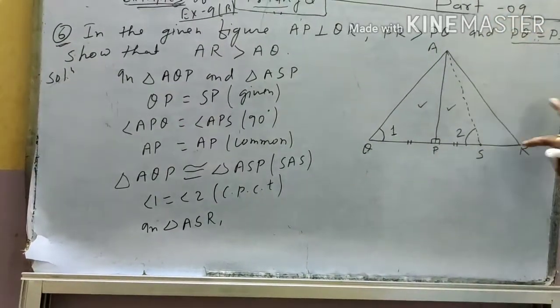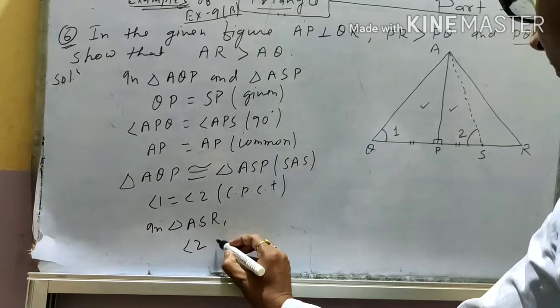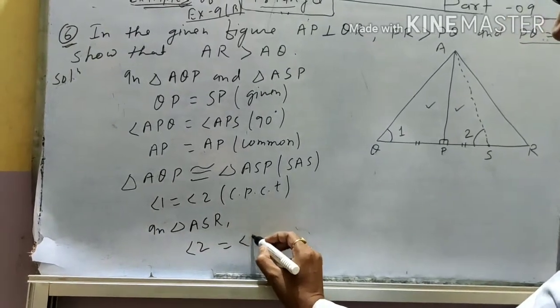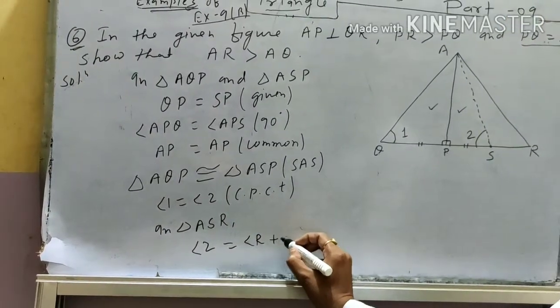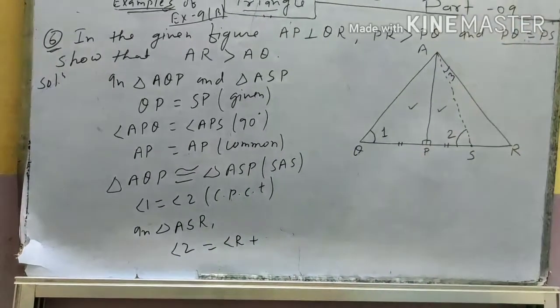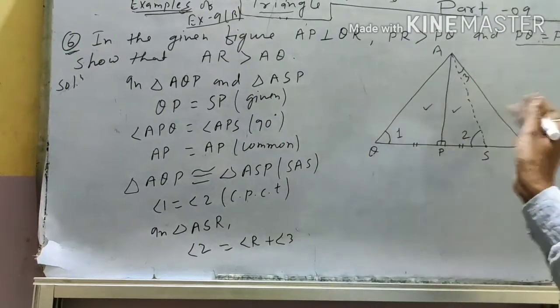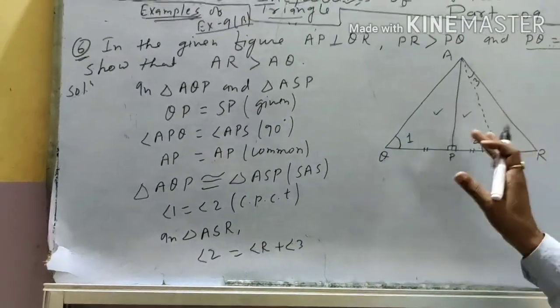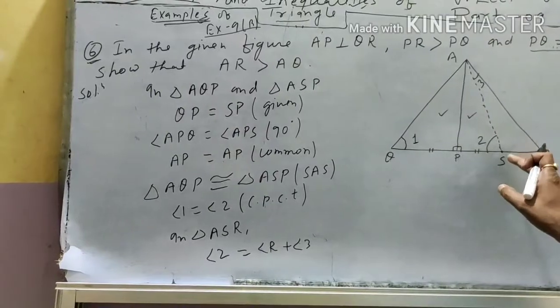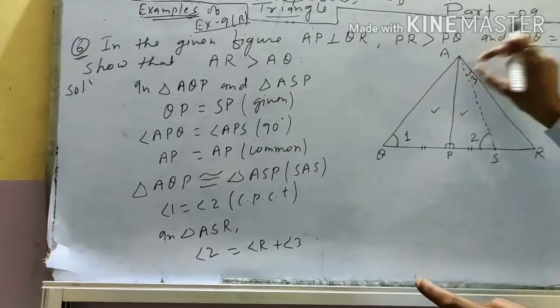In triangle ASR, we know that angle 2 is equal to angle R plus, suppose this angle is 3. Always solve the problem by naming, it will be easy for everyone. So angle 2 is equal to angle R plus angle 3.